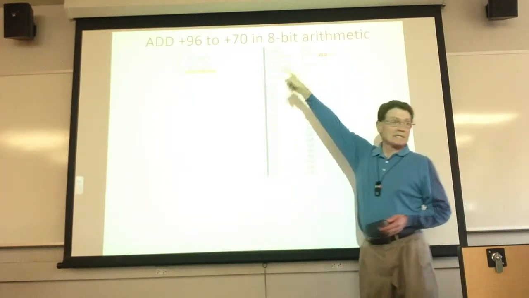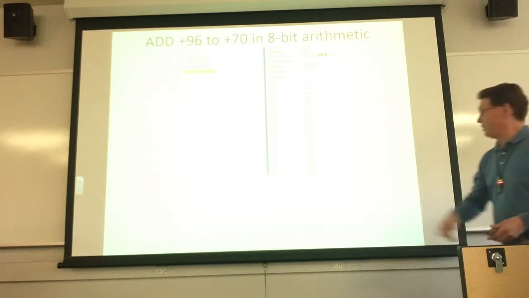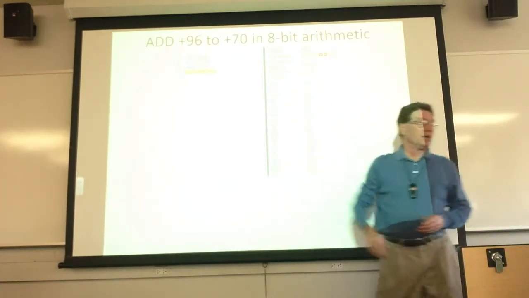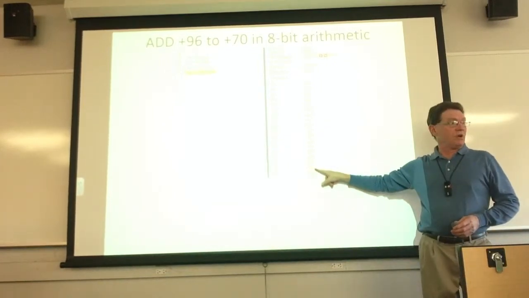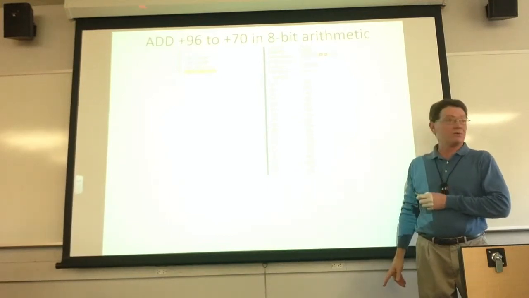I'm doing 96 plus 70, which cannot be represented in 8-bit arithmetic, because now I'm going past 127, okay? And the N flag is raised because I have an A6 sitting here in R16. The most significant bit here is a 1, so that gives me that N flag, okay? So what this is telling me is that that's a negative number. Well, it can't be a negative number because I'm adding 2 positive numbers together, okay?